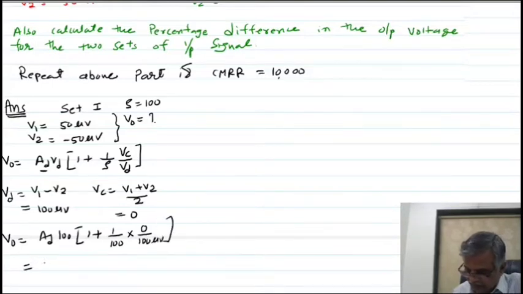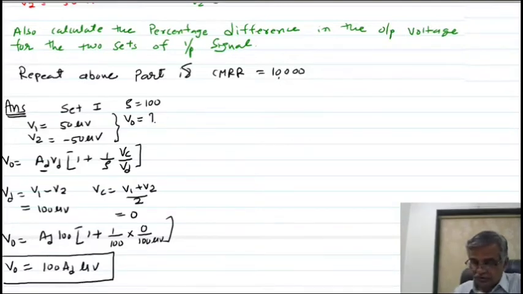So I can write 100 AD, and my unit is in microvolt. So for this set of the input voltage, my output voltage is 100 AD microvolt.